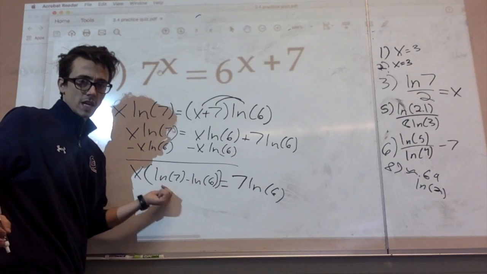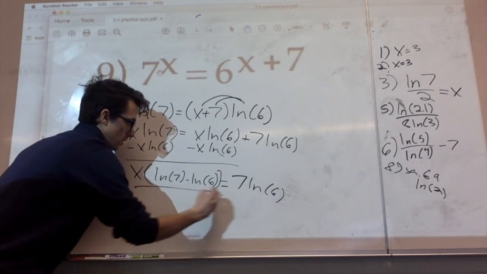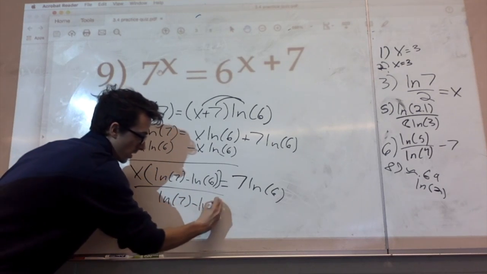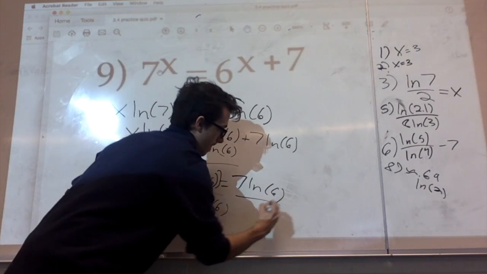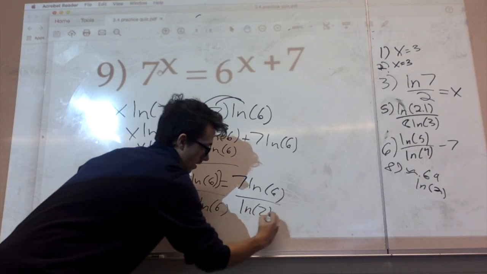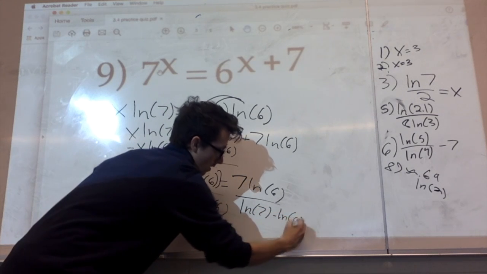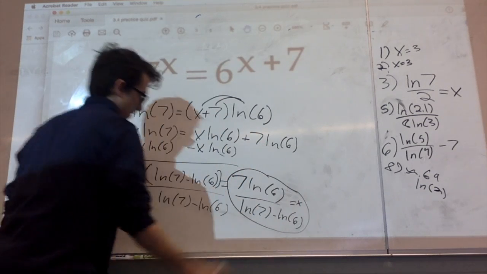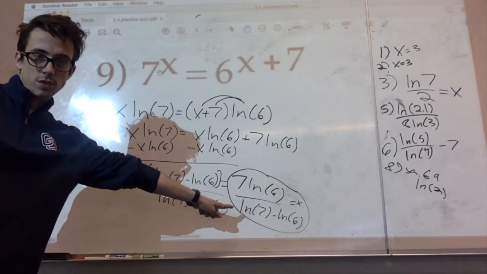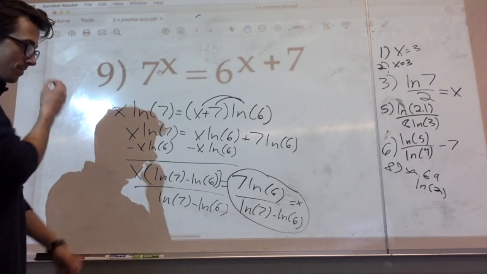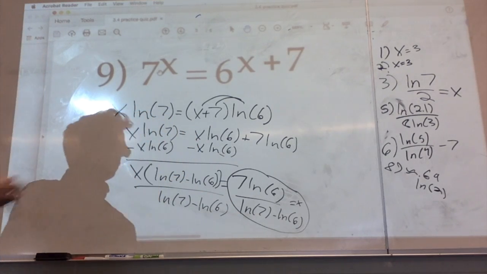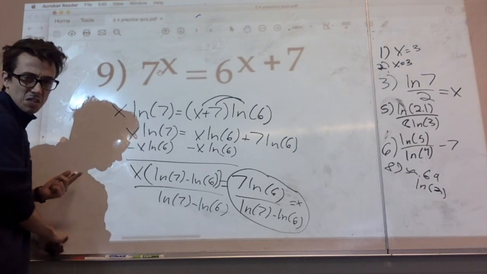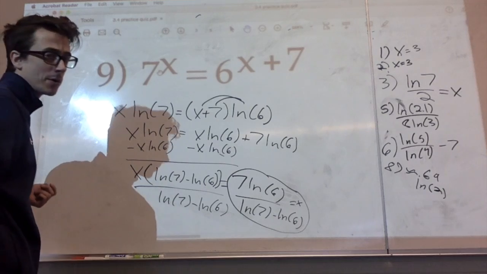We can divide both sides by this, natural log of 7 minus natural log of 6. This is our answer for x. Right there. Pretty crazy. Not the nicest answer in the world, but you're capable.